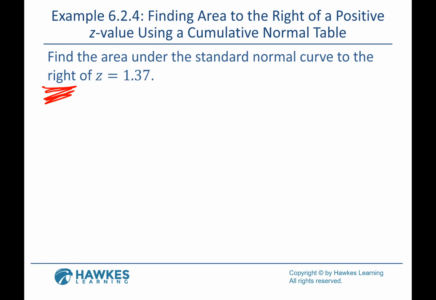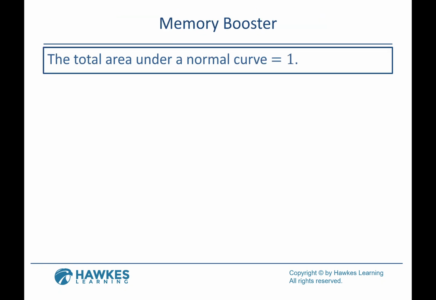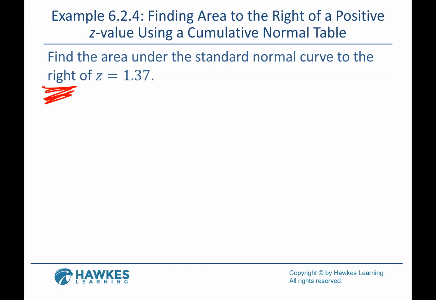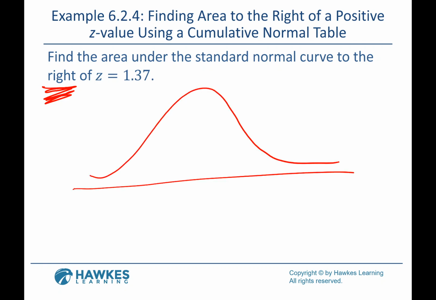All right, so let me back up to our memory booster slide I skipped over. The area under the whole curve is 1. So one way we can work these if we want the area to the right. Here's our poorly drawn picture of what we want.